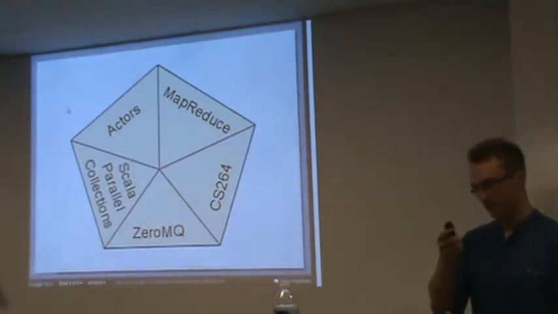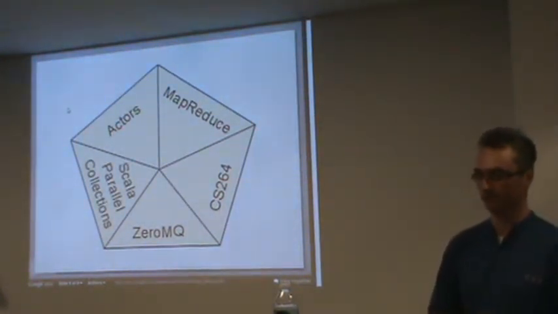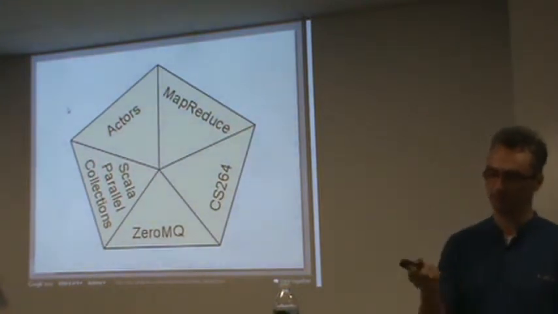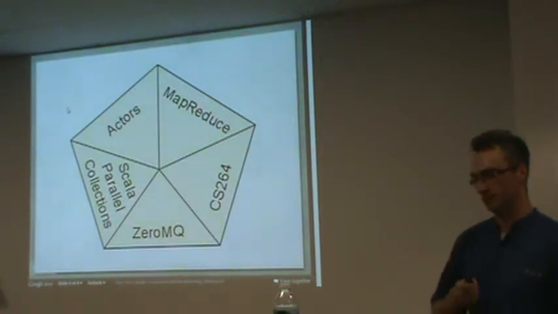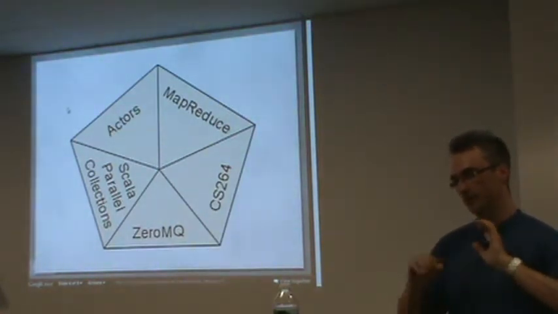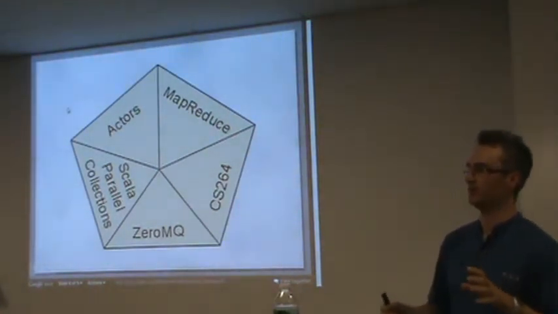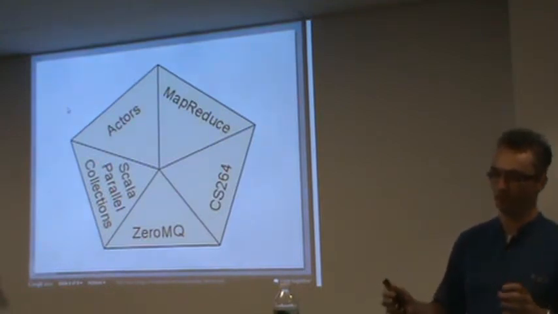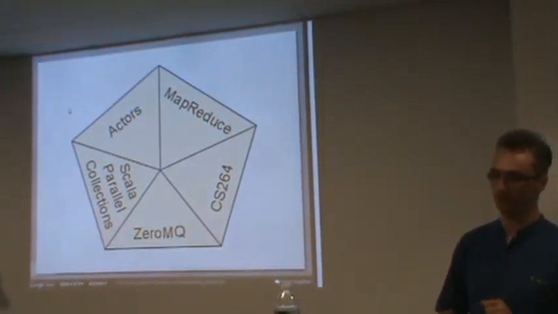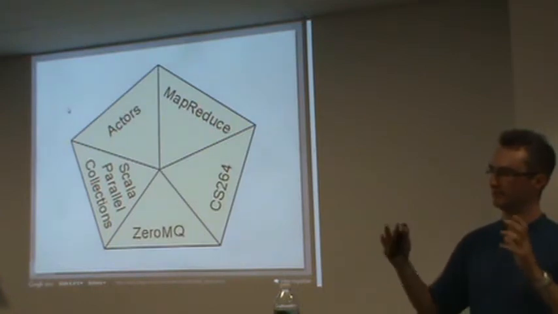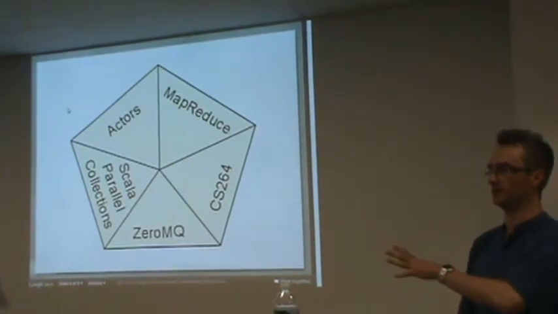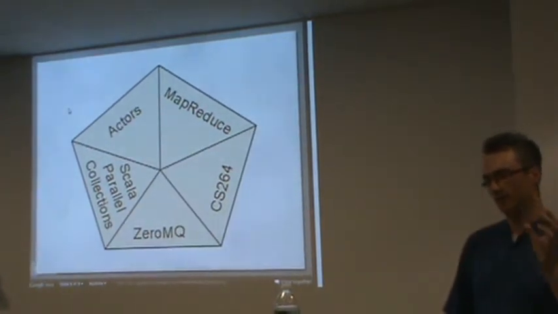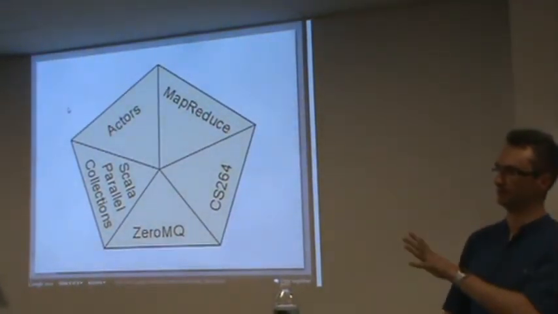And then lastly, as I mentioned, there's Scala parallel collections. The nice thing about that, which we'll see in the next meeting, is that when you want to perform operations on a collection in a parallel way, in the case of Scala parallel collections using multiple threads in the same process, you just say .par on a collection, let's say a list or array, and you get this parallelized list.